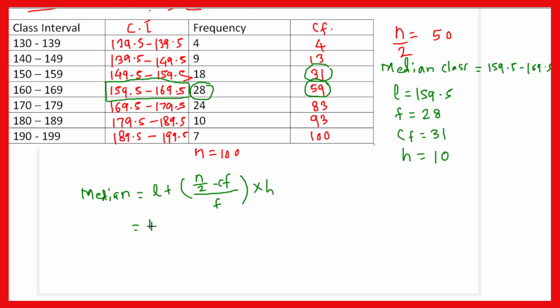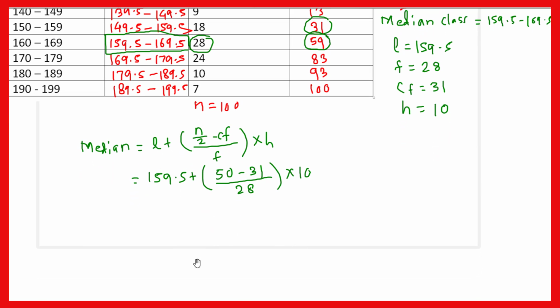L is 159.5 plus into bracket n by 2 that we have got as 50. So 50 minus cumulative frequency, that is 31, upon frequency 28, multiplied by h, that is height, and that height is 10. Now solve this further. So here it will be equal to 159.5 plus, solve this first.